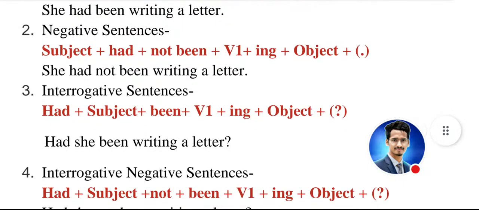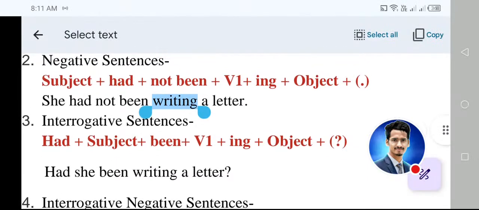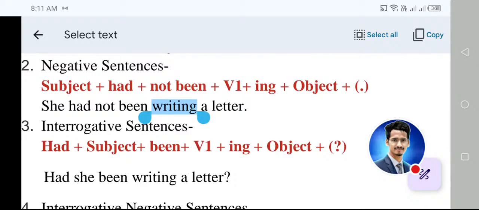Okay, so: she had not been given a letter, a gift, anything we can make. And if you just change the verb form, like she had not been writing, she had not been eating, she had not been going, she had not been running, she had not been reading, she had not been watching.